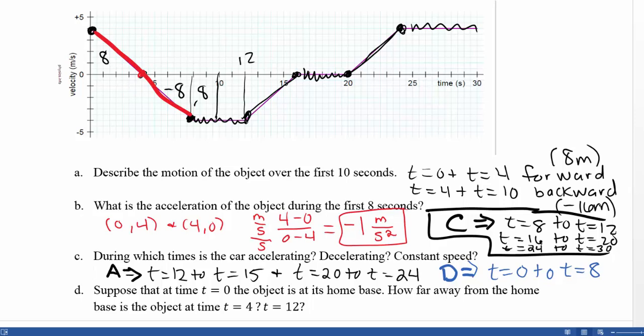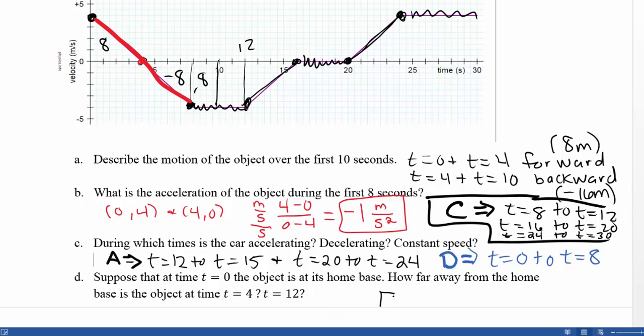Part D. Suppose that at time equals 0, the object is at its home base. How far away from the home base is the object at time equals 4 and time equals 12? So let's draw a picture here to represent what's happening. So let's call this home base. So at time equals 4, let's see how far our position changed.